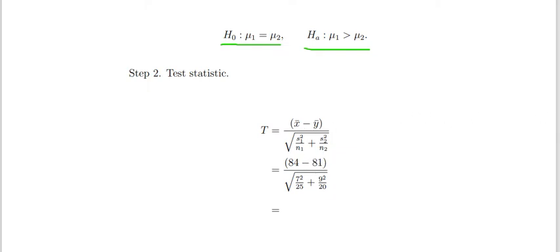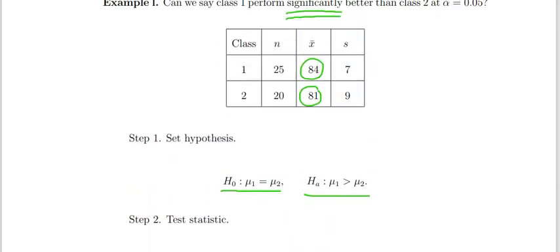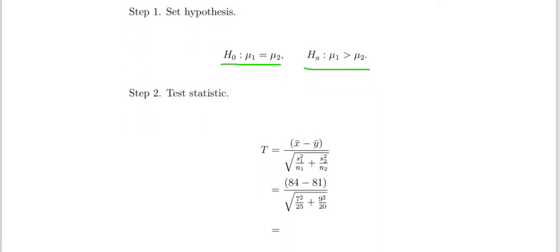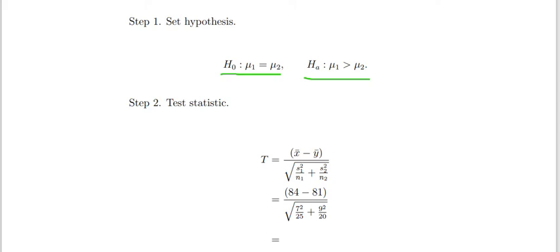S1, the sample standard deviation for class 1, is 7, and S2 is 9. So 7 squared over 25 plus 9 squared over 20, right?